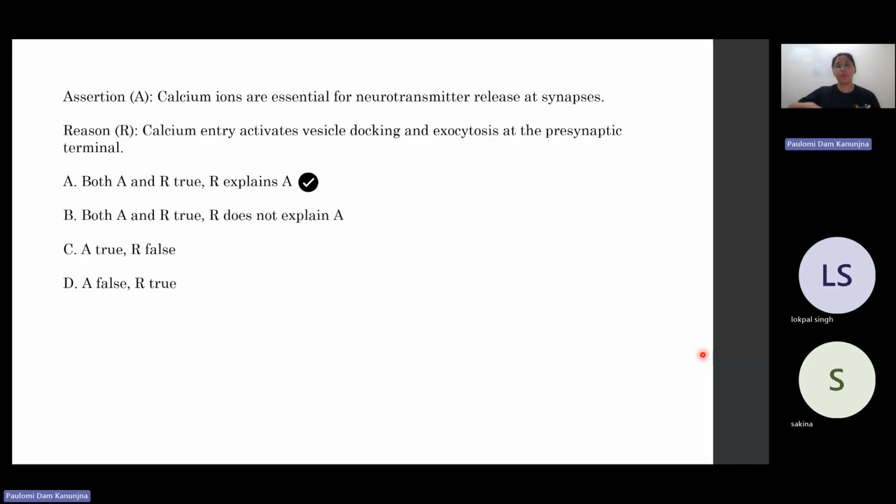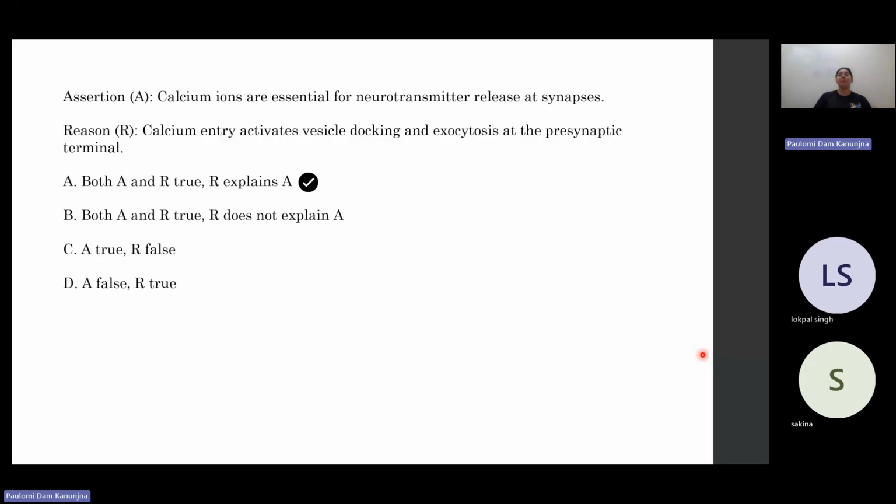Now I will tell you why the second statement explains the first statement. Calcium ions are essential for neurotransmitter release. And how does release happen? Neurotransmitters, as we know, are bound in small vesicles. For the neurotransmitter to be released outside, the vesicles need to pop open. That breaking of the vesicle takes place because of calcium.